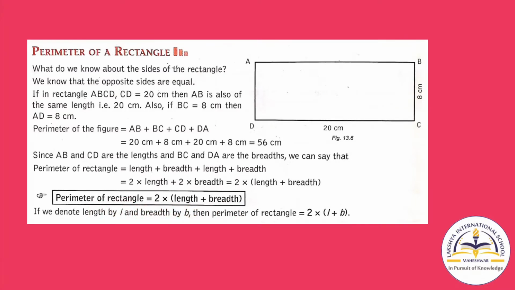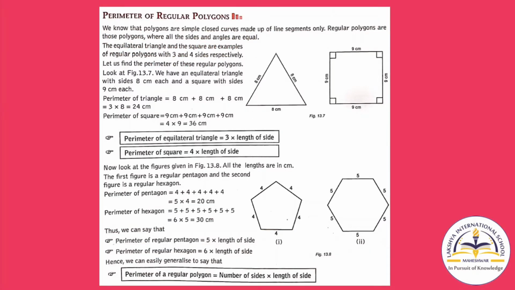Or we can denote length by L and breadth by B. Then the perimeter of a rectangle will be 2 into L plus B. Now for the perimeter of regular polygons, the perimeter of an equilateral triangle is 3 into length of side, because in the equilateral triangle all sides are equal.